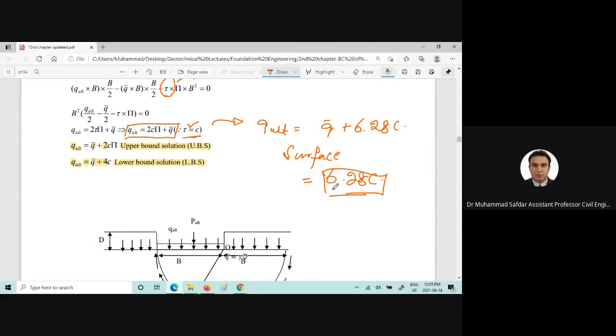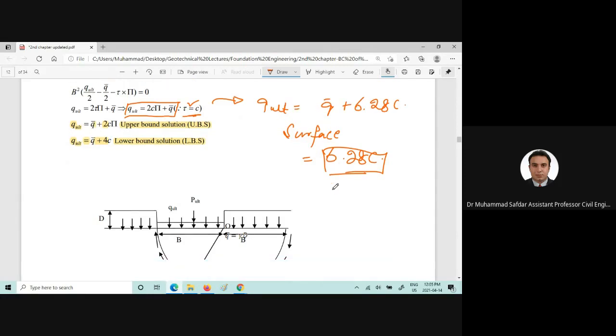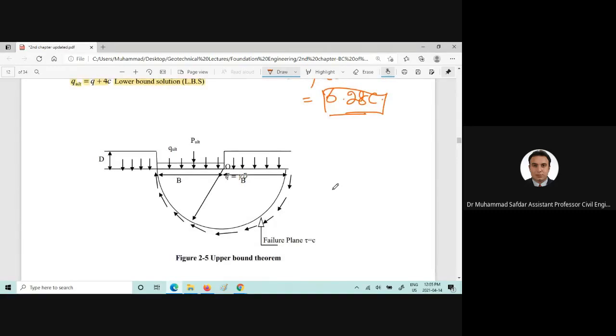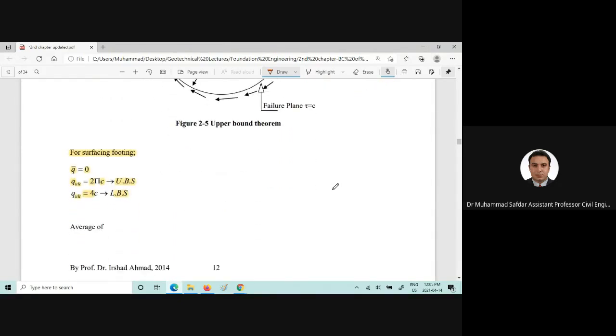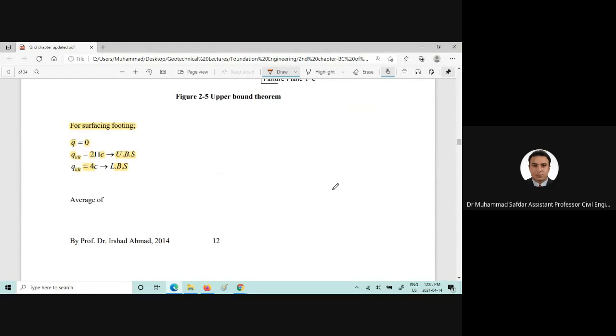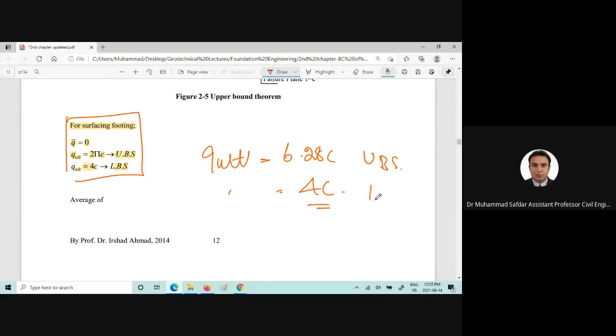Obviously, we are not going to use these in the design, because these are very rough estimations for the time being, but it's just giving you an estimate of how the bearing capacity can be found. Now, for the surface footing here, we know that Q ultimate is equal to 6.28 C, and also 4C, this is the upper bound solution and this is the lower bound solution.